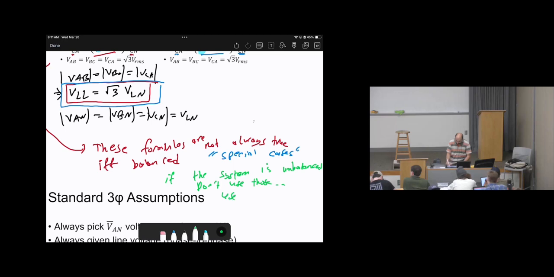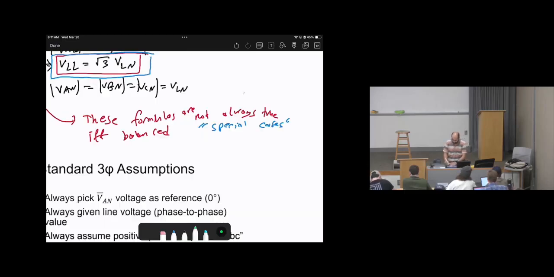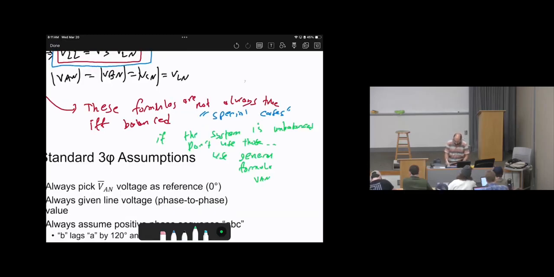Use the general formula, which again, general formulas mean VAB equals VAN minus VBN. Then the same thing when we do it for VBC and VCA. So you should know this.